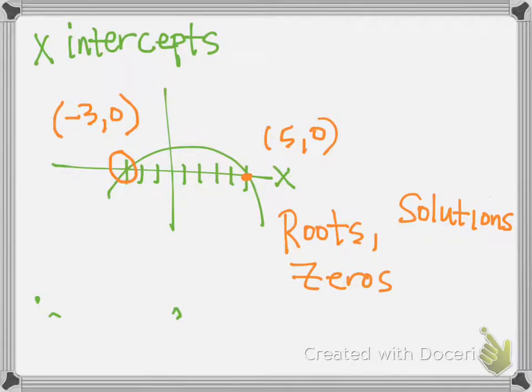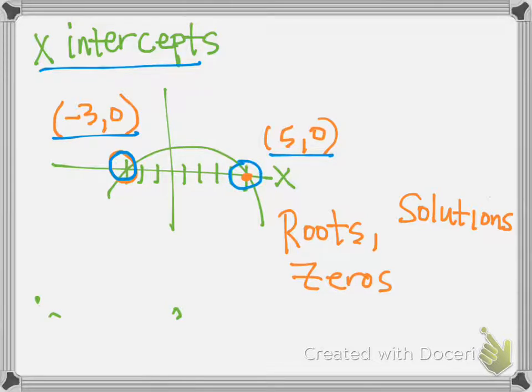Some quadratic graphs have x-intercepts. X-intercepts are the places where the graph crosses the x-axis or touches the x-axis. It can look like this. (-3, 0). This is how you label them. You label them as an ordered pair.